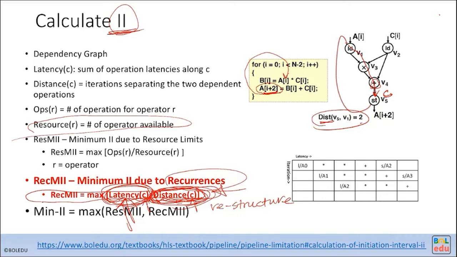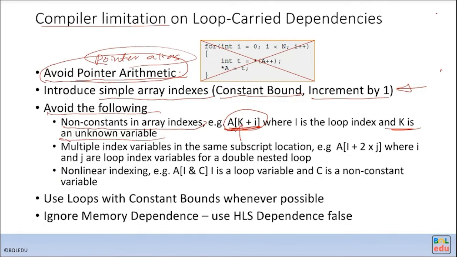If it cannot calculate the distance, the safest assumption is that it is 1. That means the data will be used in the next iteration. So it's really bad. Don't do that. The compiler cannot figure it out.